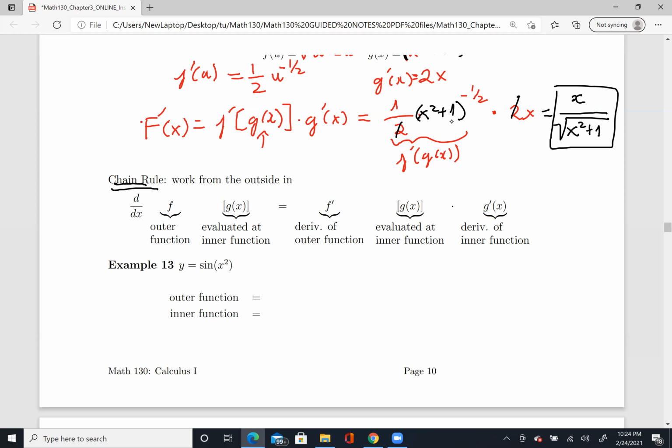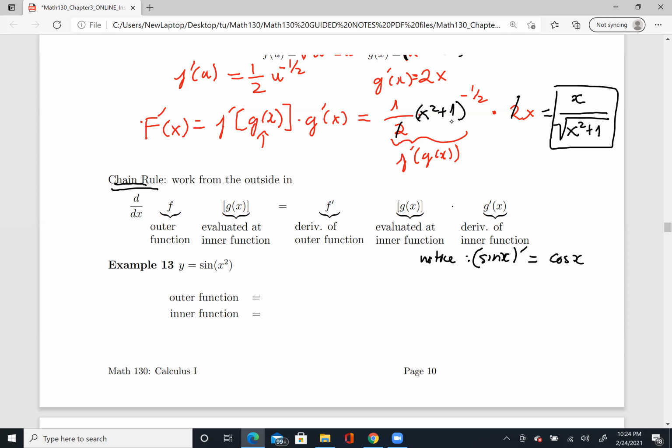Let's go ahead and go on to example 13. I have y equals sine of x squared. We have learned that the derivative of sine of x only is cosine of x.